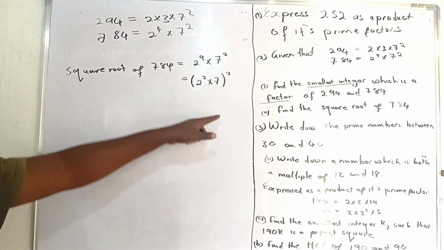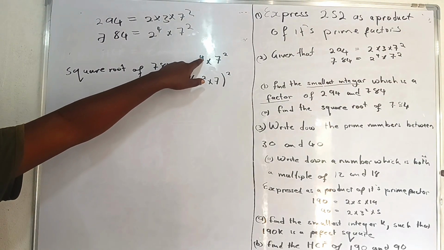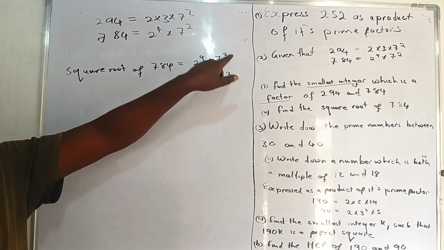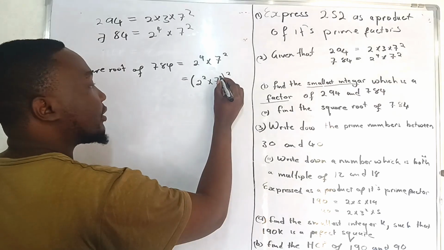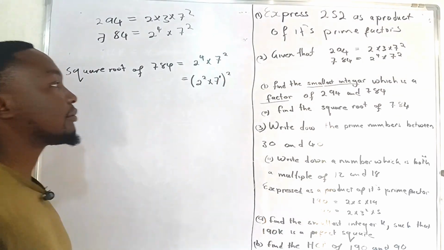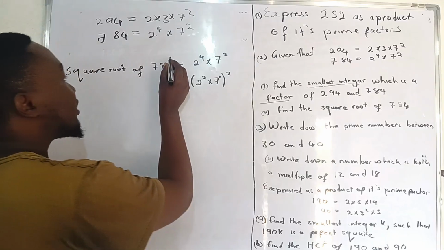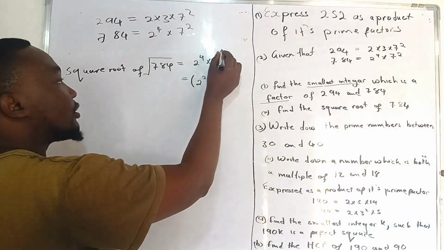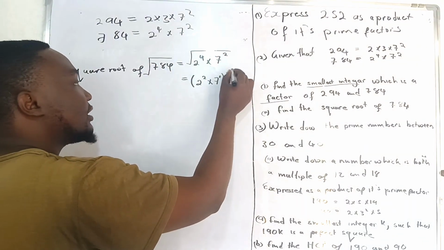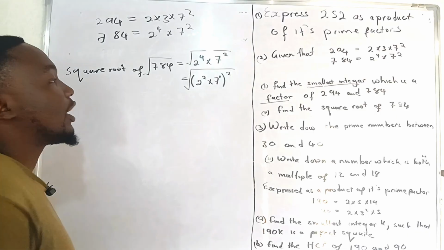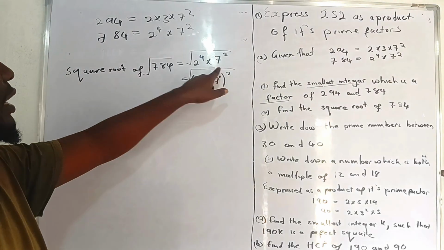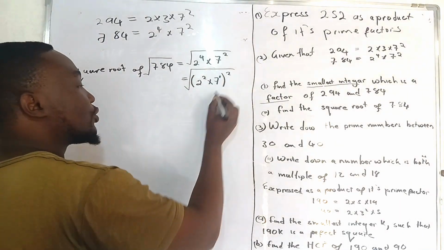I haven't changed anything yet. I've just taken 2 from this power and taken 2 from this power, so you remain with the power 1 here. Then after this, we put our square root sign on both sides. Any number which is squared with a square root sign, they cancel out.